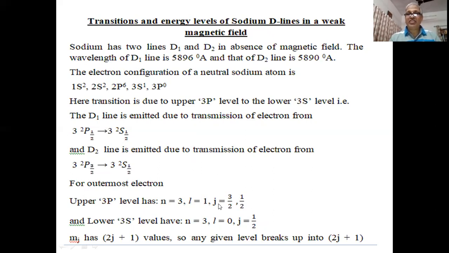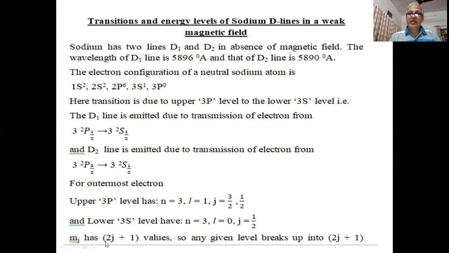The value of J equals L plus S, and in this case S equals half, so J equals 3/2 and 1/2. For the lower 3s level, the value of n is 3, and for the s orbit the value of L equals 0. Hence J equals L plus S, which gives only J equal to half.